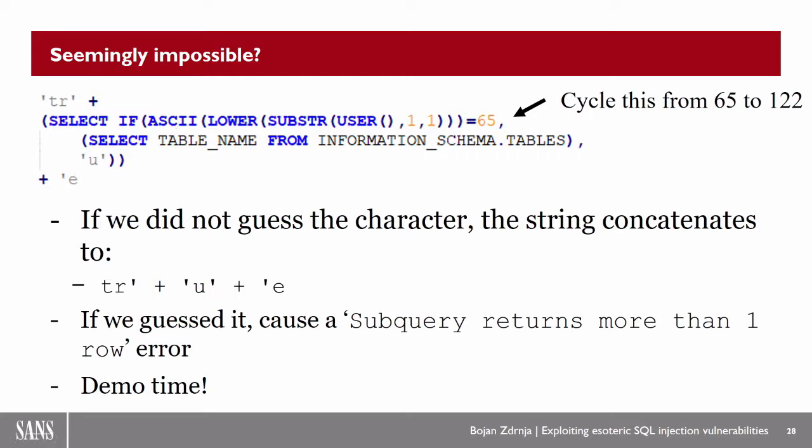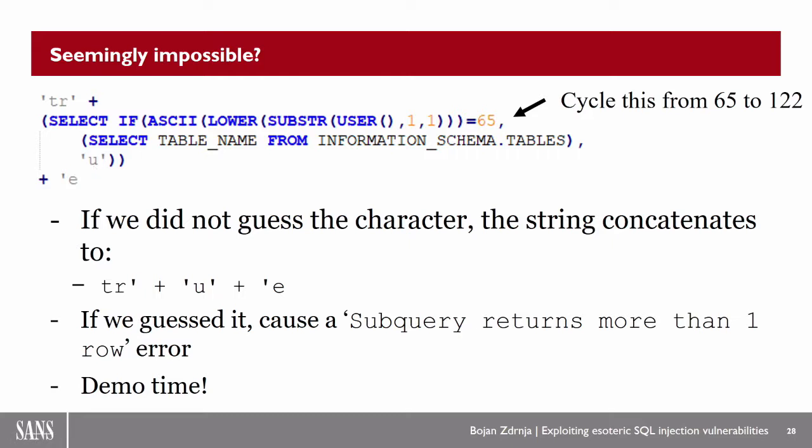Since it's lowercase, it has to be from 97 to 122, A to Z. And then my if here will say, if the value of the first character is 65, then do this subquery. If it's not 65, then return the letter U from the subquery.